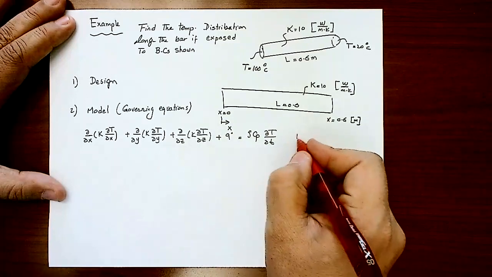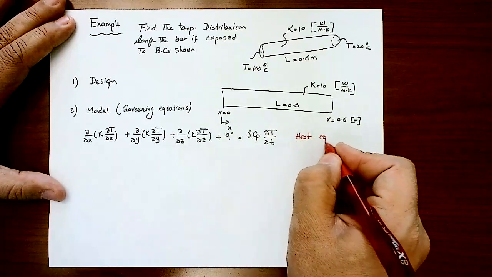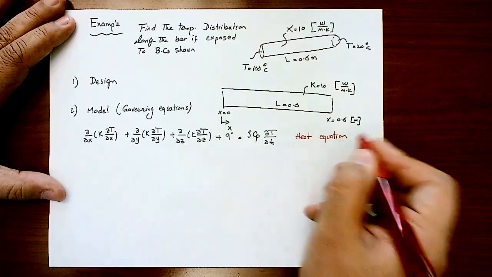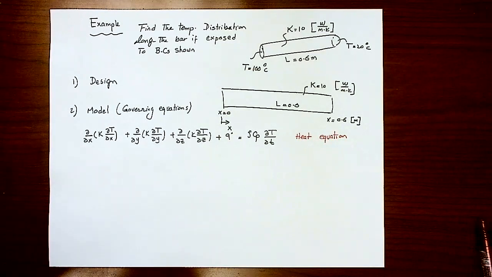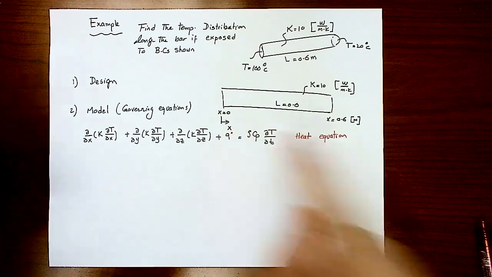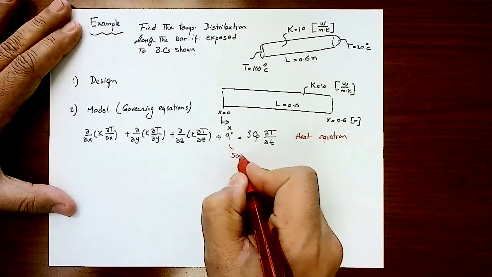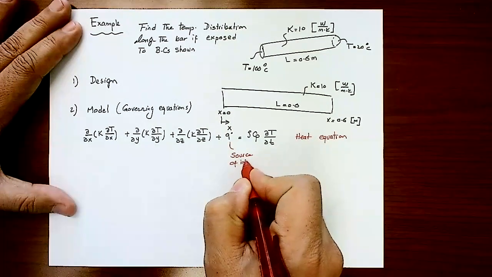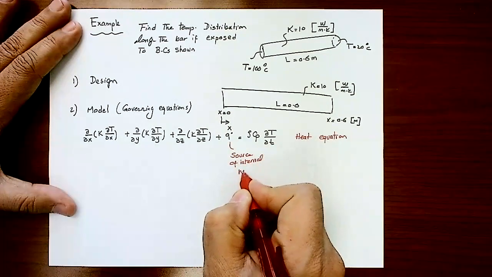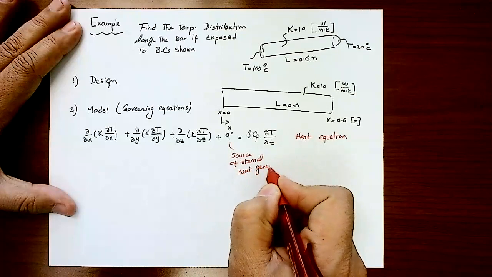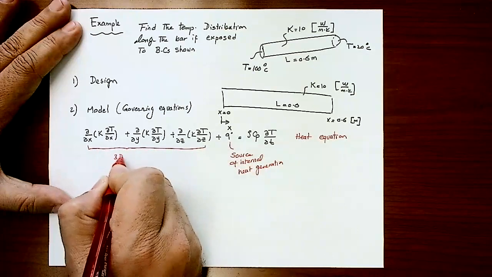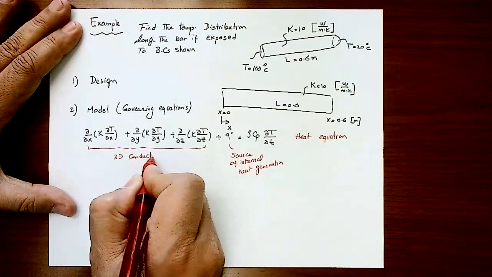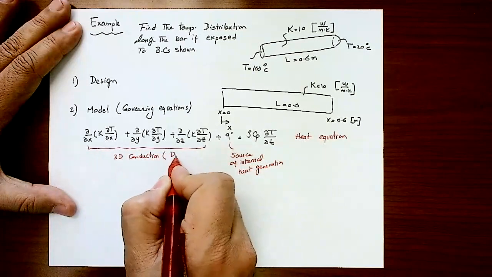This is what we call the heat equation. This is the general form of the equation that controls heat conduction in 3 dimensions, x, y, and z, Cartesian coordinates, with a source of heat generation. This is a source of internal heat generation. This is simply the 3-dimension conduction term, diffusion.